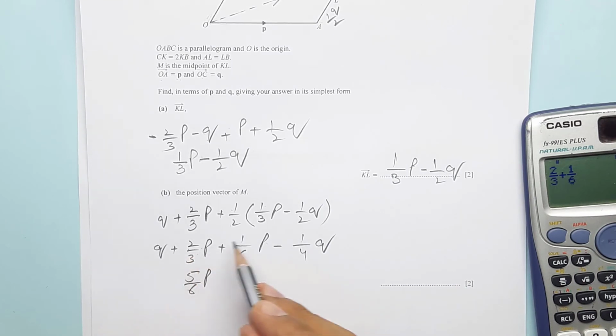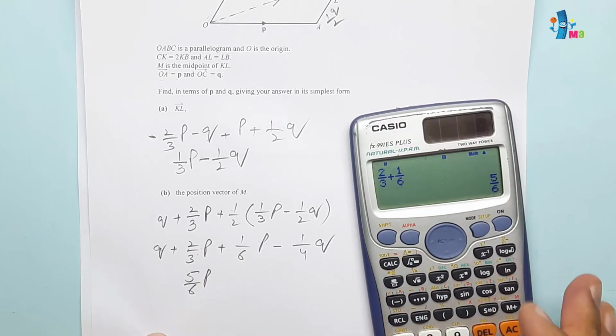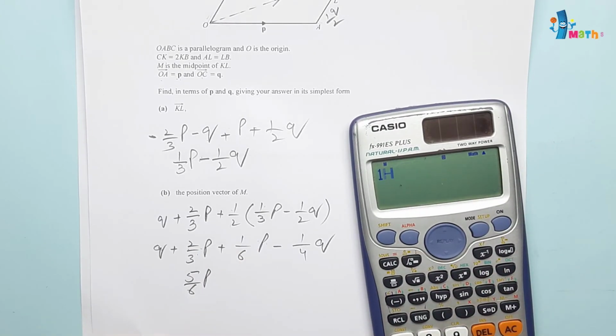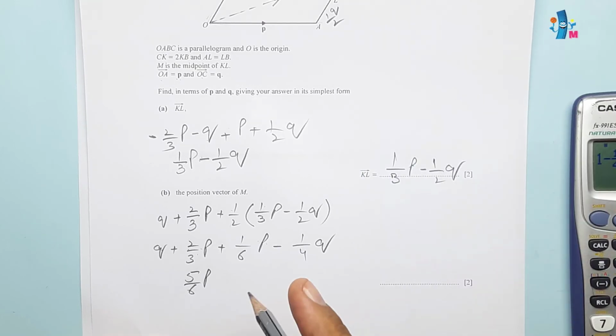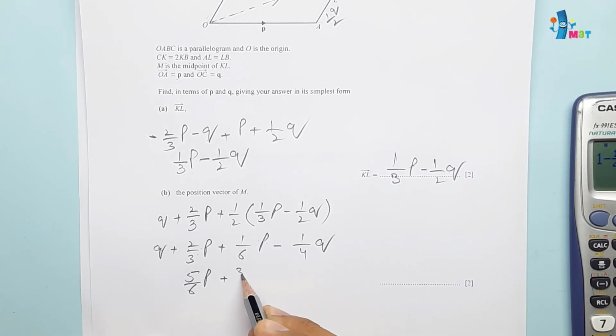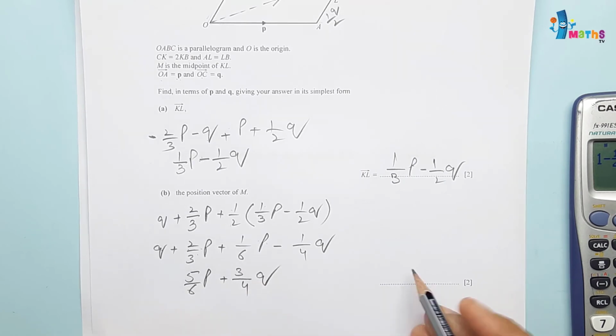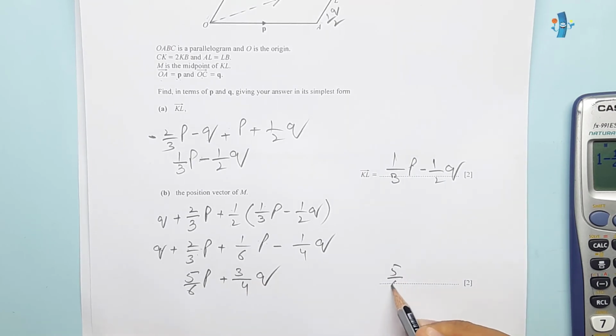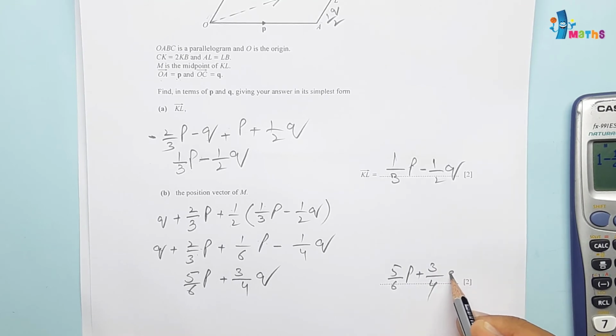These two are done. Now these two, 1 minus 1 by 4. So 1 minus 1 over 4 will be equal to 3 by 4. So this is plus 3 by 4q. So this is our answer, 5 by 6p plus 3 by 4q. Hopefully you understood each and everything till now.